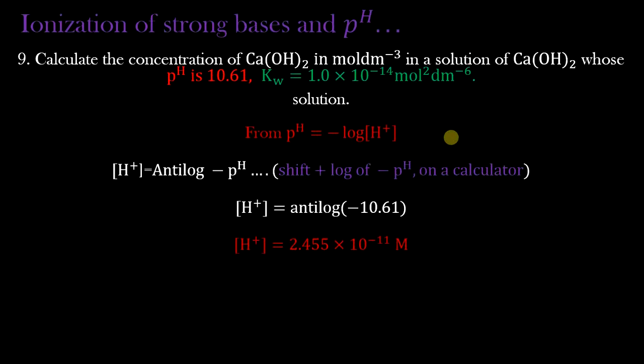And now that we have the molar concentration of hydrogen ions, we should remember that molar concentration of hydrogen ions times molar concentration of hydroxyl ion is given by 1 exponent negative 14. Therefore, molar concentration of hydroxyl ion will be 1 exponent negative 14 divided by molar concentration of hydrogen ions.